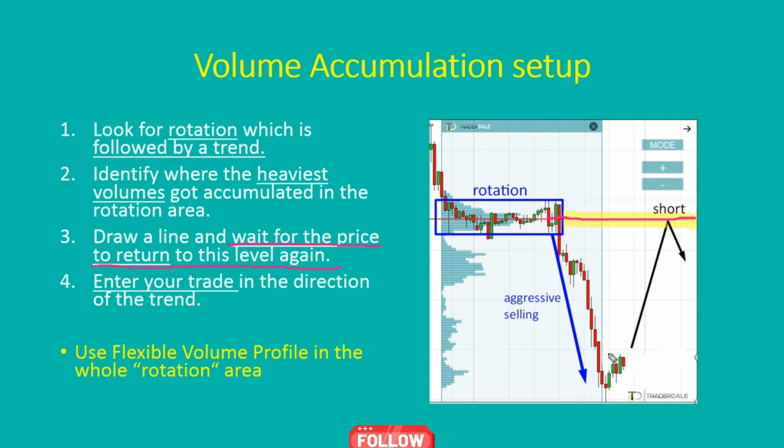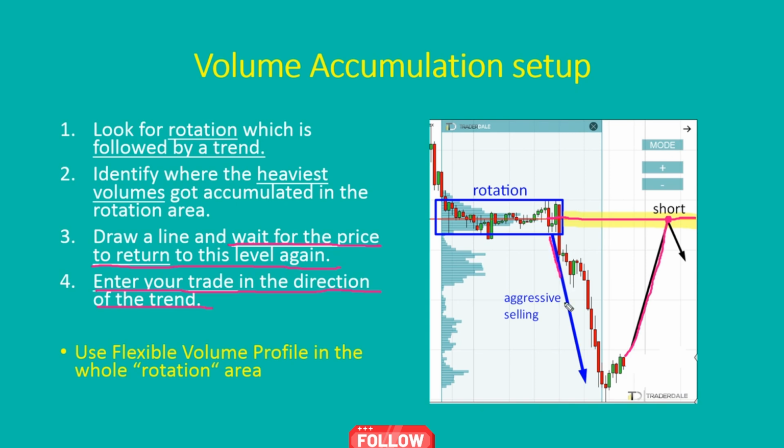So you are waiting. You can use limit orders or you can set some alarms, but you do nothing until the price reaches this level again. And when it hits the level, you don't wait for any sort of confirmation. You enter your trade at first hit. Alright, and you enter in the direction of the trend.